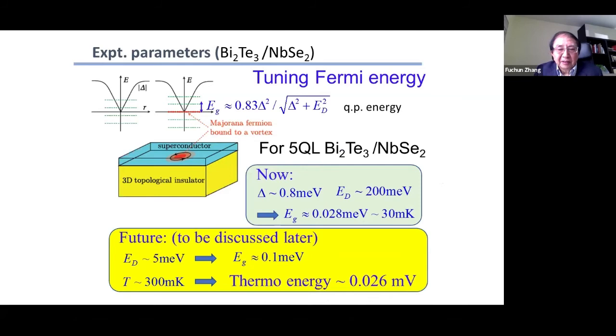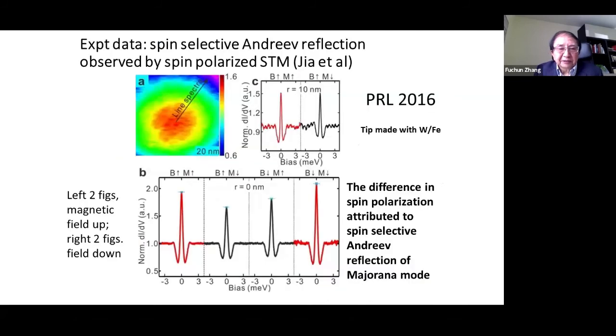Okay, and I will skip that. Okay, that's the experiment data for spin selective angular refraction. Okay, and that top left panel just shows a vortex. Okay, you can see the size of the vortex. Okay, and basically you have this red one's center vortex core.